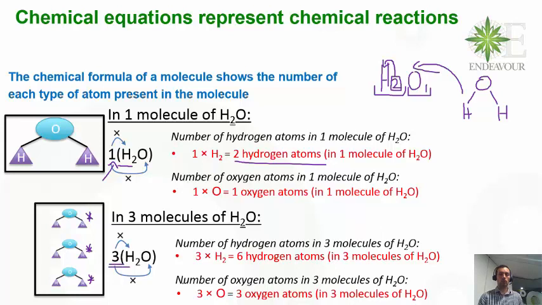So we need to be able to realize that when we've got 3 lots of H2O, this means we would have 6 hydrogen atoms and 3 oxygen atoms. So essentially it's just timesing the coefficient, in this case 3, by both the number of oxygen atoms and the number of hydrogen atoms.